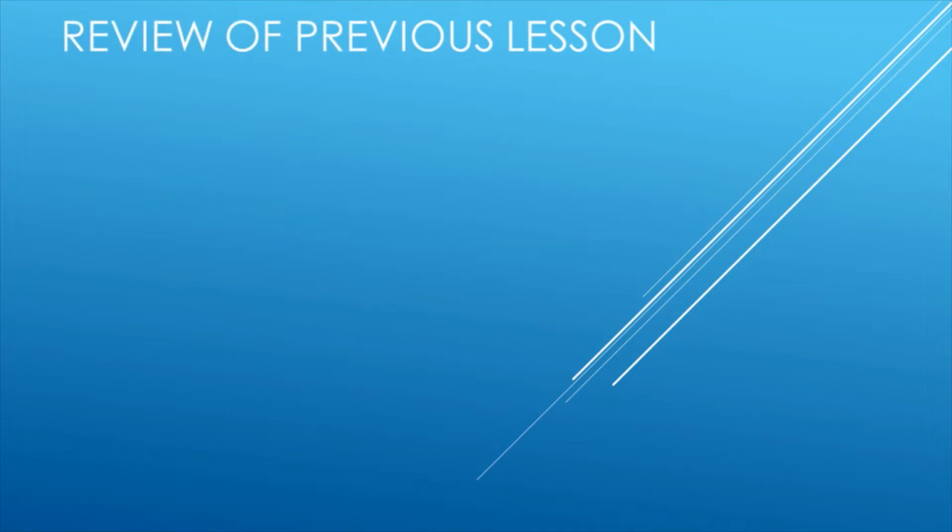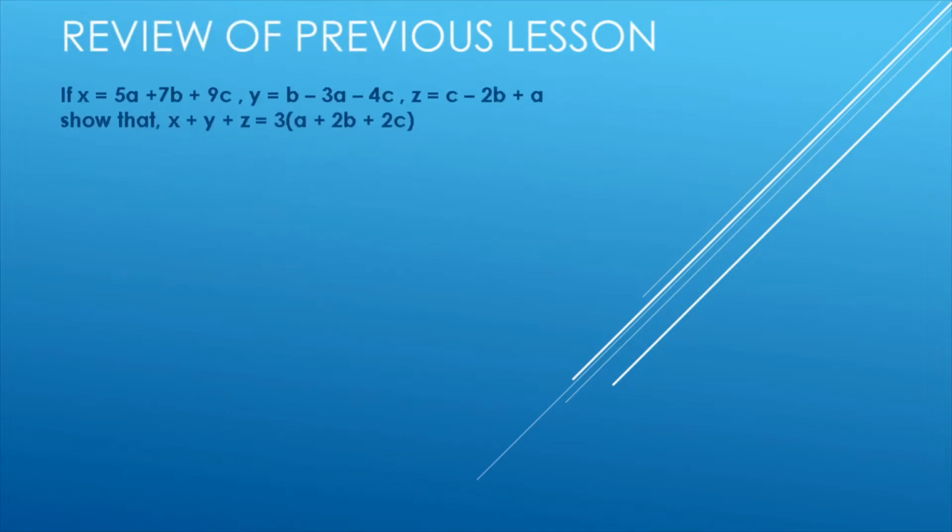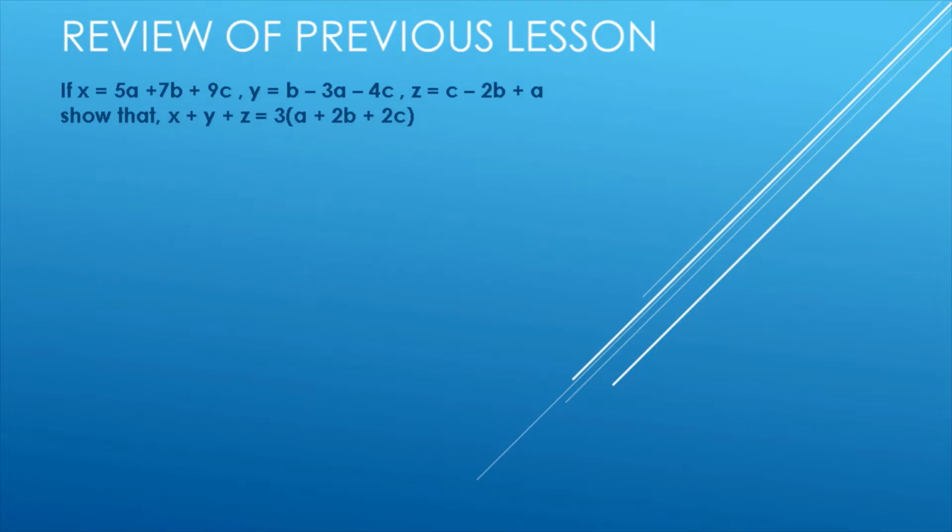Review of previous lesson. My dear students, in the last class you have solved some problems from exercise 4.3. Now I am going to give you one problem. Please start solving. You have 2 minutes.